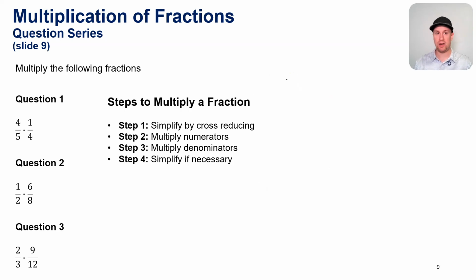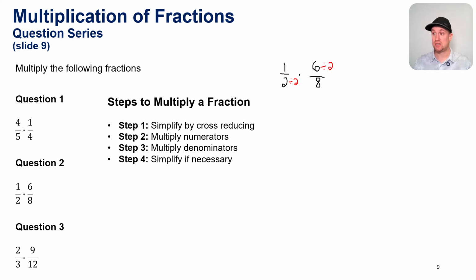Now let's go ahead and look at question 2. So we have 1/2 times 6 over 8 here. My first step is to simplify by cross-reducing, which I can do. I can reduce the 2 and the 6. I cannot reduce the 1 and the 8. So I'm going to divide a 2 into 2 and a 2 into the 6.